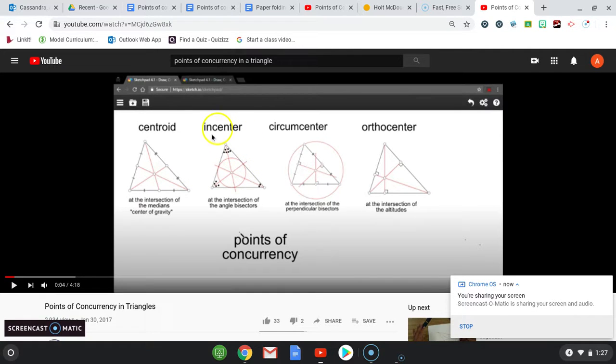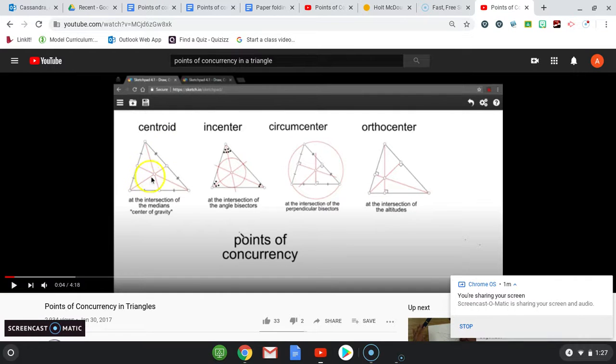If you draw all of the angle bisectors in a triangle, they will all meet at one point, and that point is called the incenter. If you draw all the perpendicular bisectors in a triangle, they will all meet at one point, and that point is called the circumcenter. And if you draw all of the altitudes or heights of a triangle, then that will give you a point of concurrency called the orthocenter.